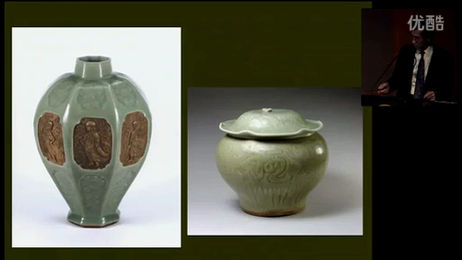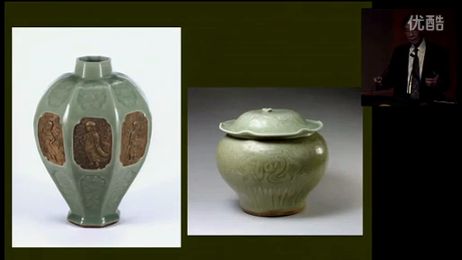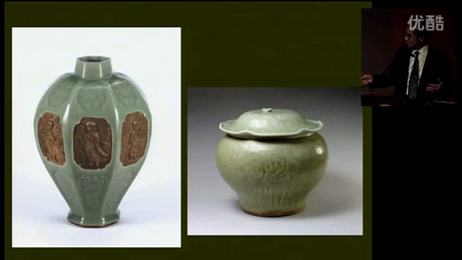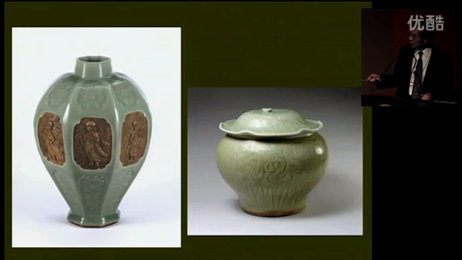And now go back to the question of relief versus incised. After the unification of China, in the south, they began also to do relief work, as you can see on this Longchuan bottle or vase.